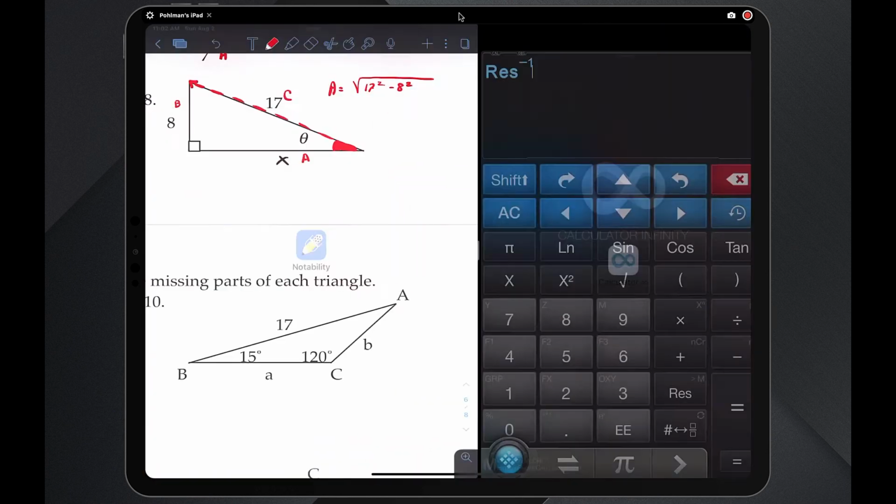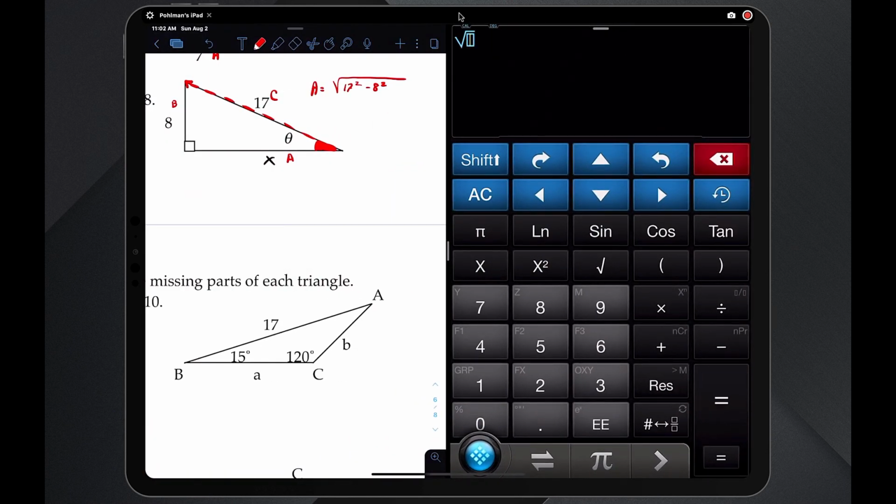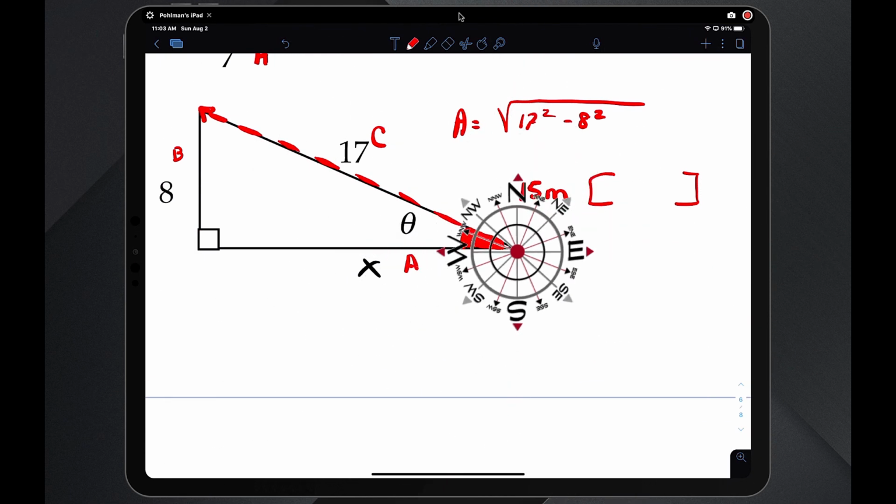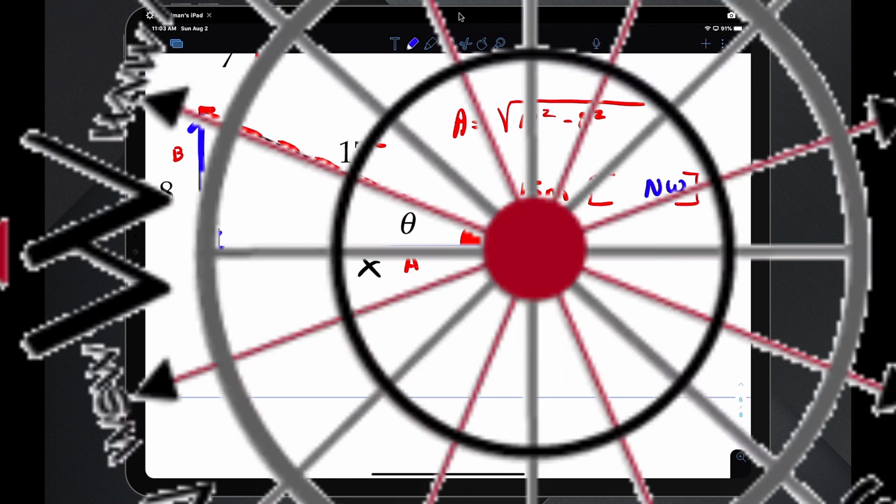Hop over to the calculator. Take the square root of 17 squared minus 8 squared, and we get an answer of 15. We have 15 meters, and then our direction for this, in order to get the direction, we would have to go to the west some. We'd have to go to the north some, so that'd be to the northwest.